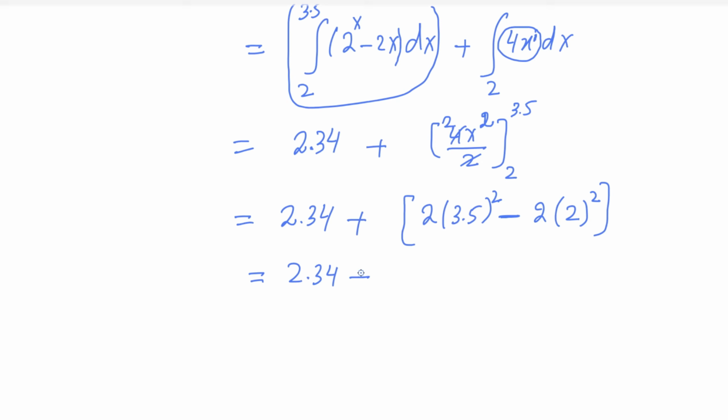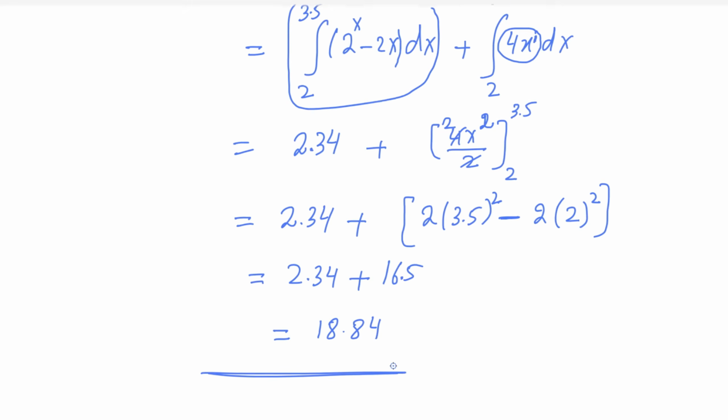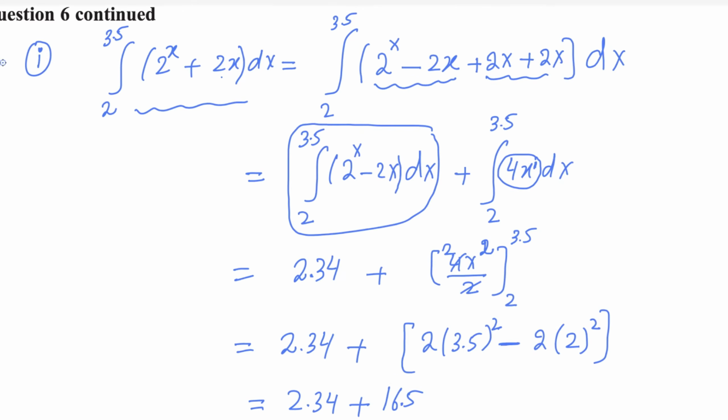So 2.34 plus 16.5 gives the answer 18.84 to 2 decimal places. This is the answer for the first part of C.